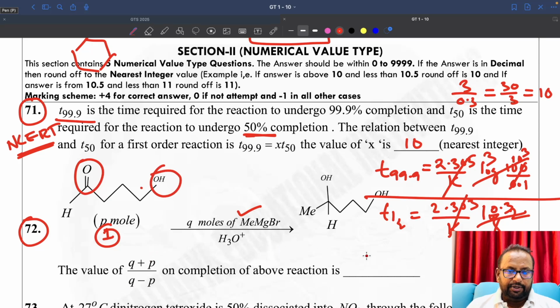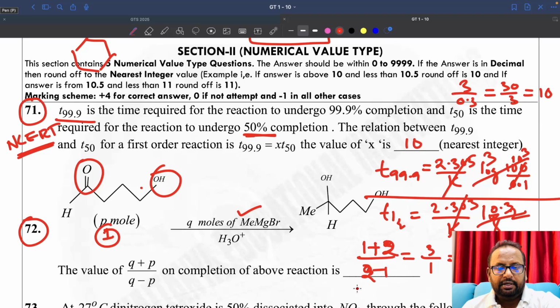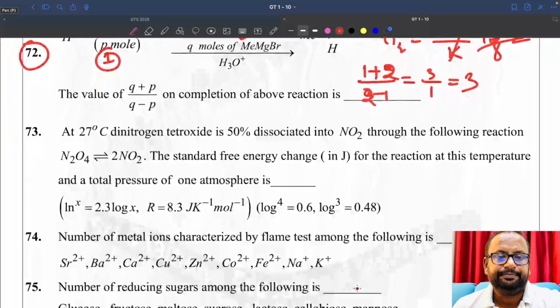So it will be Q plus 1. So 1 plus 3 by 3 minus 1 equals, is it? Yeah, 1 plus 2, so 3. 3 minus 1 is 2. So the answer is 3. Exactly, the answer is 3.